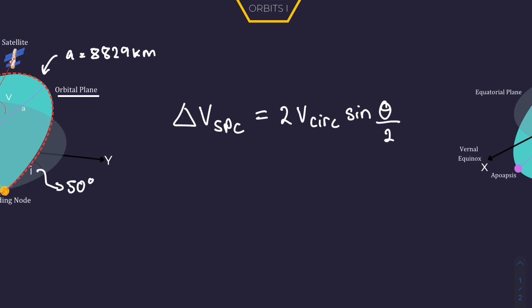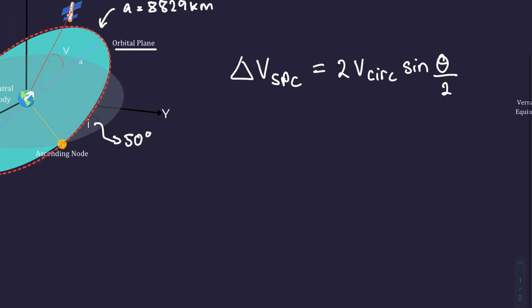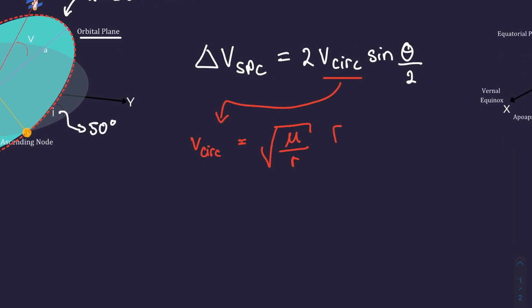You'll recall that our circular velocity, v circ, is equal to the square root of our gravitational parameter over r. The gravitational parameter is in kilometers cubed per second squared, and our radius is in kilometers.